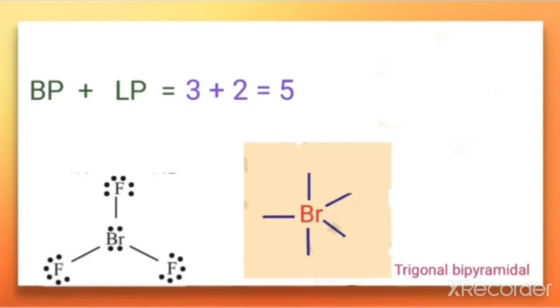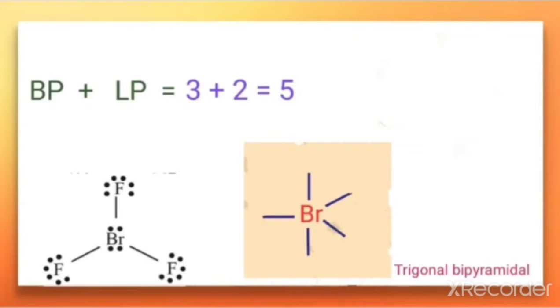Now here, because there are 3 fluorine atoms, that is 3 terminal atoms, and there are 2 lone pairs, out of the 5 terminal positions here, 3 positions will be occupied by the fluorine and 2 positions by the lone pairs.